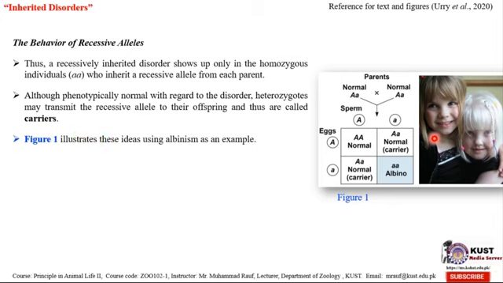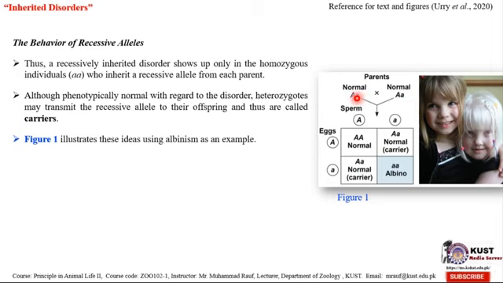Now on the right side of your screen, you can see a cross between two carrier parents for albinism. They are in fact not affected with albinism. They are normal, but they are carrying a defective allele. And luckily for them, they have a normal allele alongside the defective allele. The normal allele is performing the function normally, so these parents are not exhibiting any symptoms of the condition, but both the parents have a defective copy.